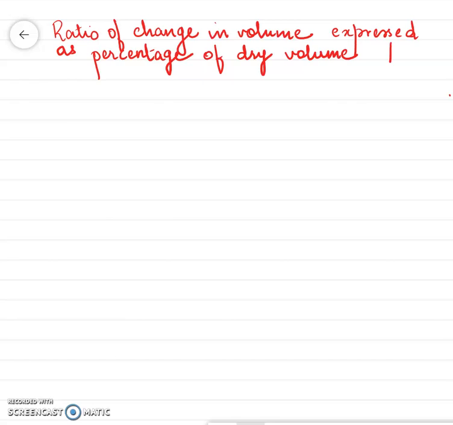Two, it's the ratio of this thing, change of the volume to the corresponding change in moisture content.